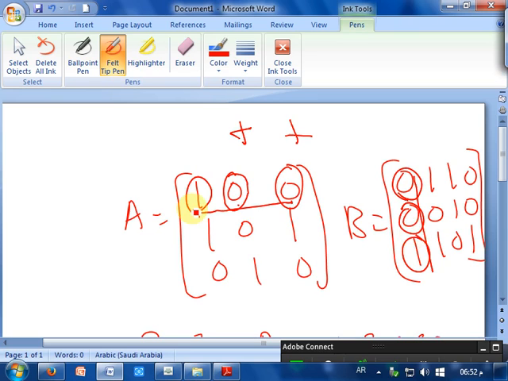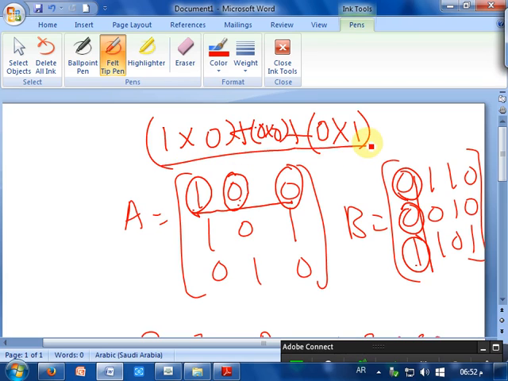So it is 1 into 0, plus 0 into 0, and then 0 into 1. If you multiply this and add, it gives 0.